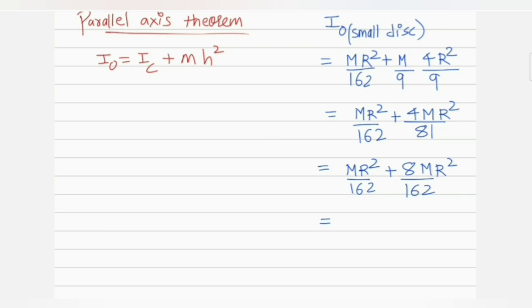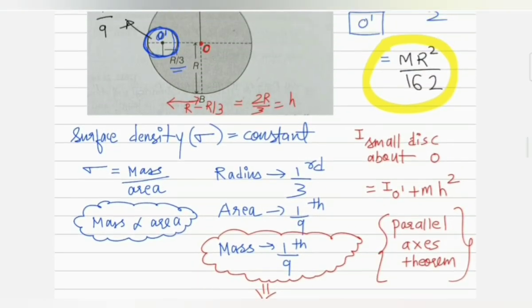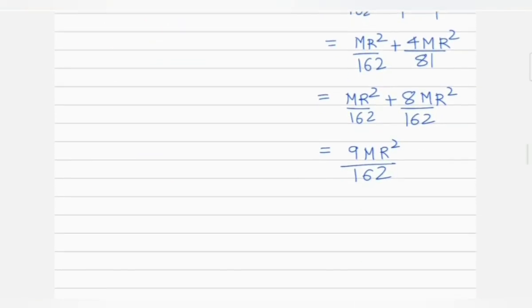So students this will look like 9mr² divided by 162. Getting the students, so for the smaller disk, moment of inertia about O आपको अभी अभी मिला 9 by 162 times mr², यहाँ तक सब ठीक है स्टूडेंट्स?